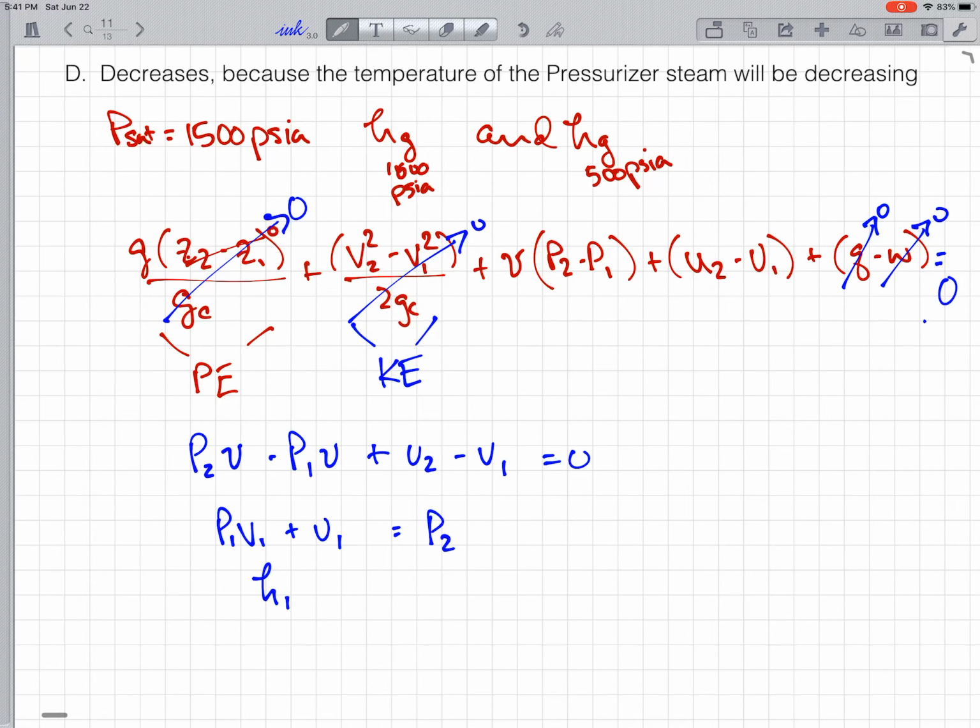It's going to equal P2 V2 plus U2. All right. PV plus U, that's going to be enthalpy. Enthalpy is defined as the pressure volume energy plus internal energy. So enthalpy in equals enthalpy out. So we know that this is an isenthalpic process.